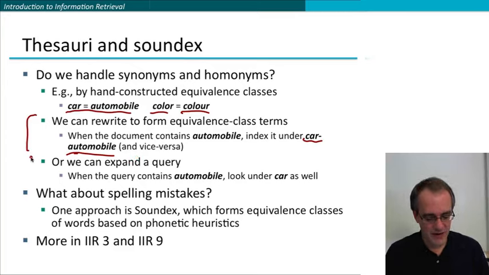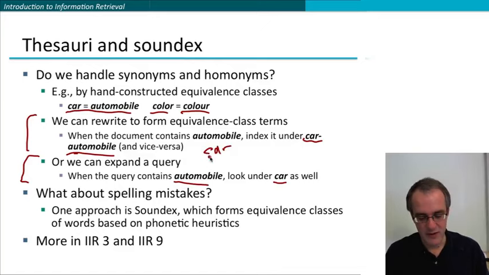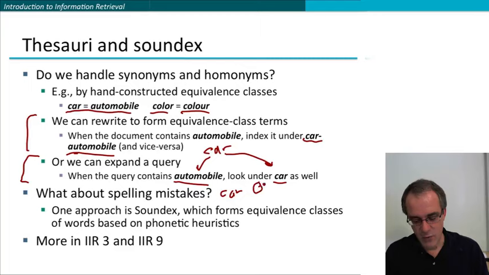Or the other alternative is we can do query expansion at query time. So we have separate postings lists for automobile and car, but when someone searches for one of these words, we get the postings list for both. And so effectively we're expanding their query into a query of car or automobile.